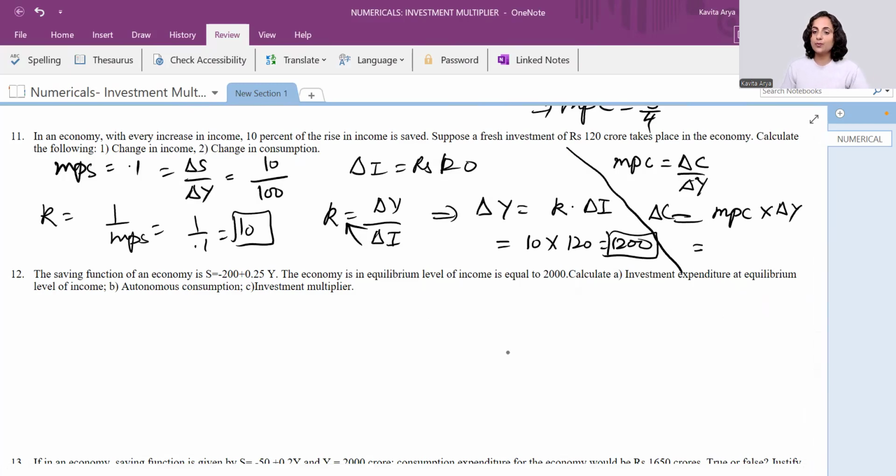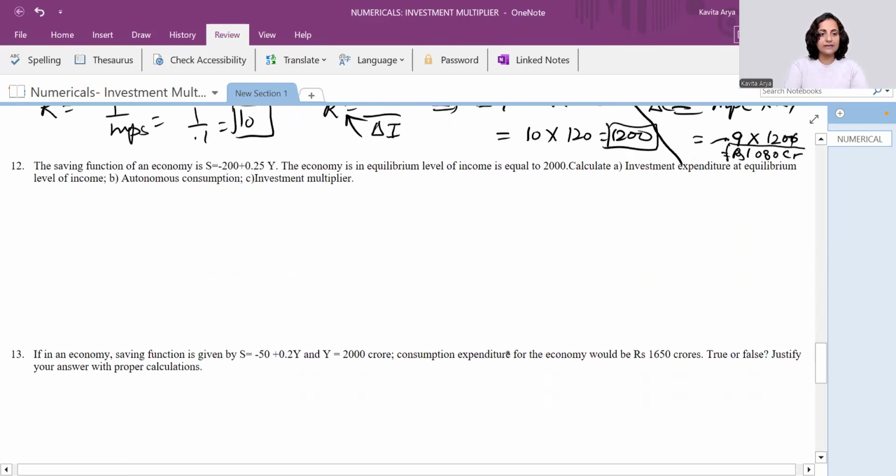When MPS is 0.1, MPC would be 0.9, and delta Y is 1200. So the answer would be 1080 crore rupees. I hope this is clear.